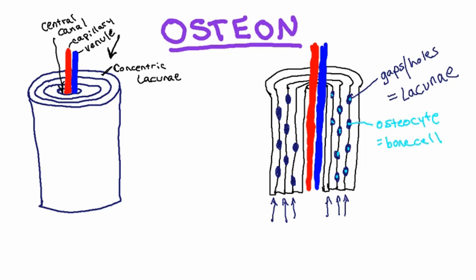So this is the bone cell, the osteocyte, this light blue dot inside of the lacuna. That's where the bone cell is. All of this lamella, these layers going around it, this is all part of the bony matrix that I mentioned.